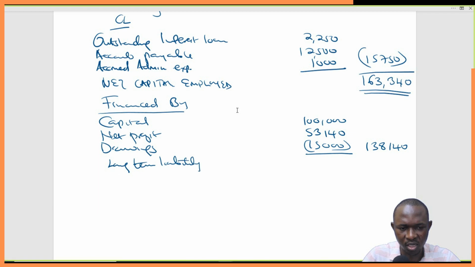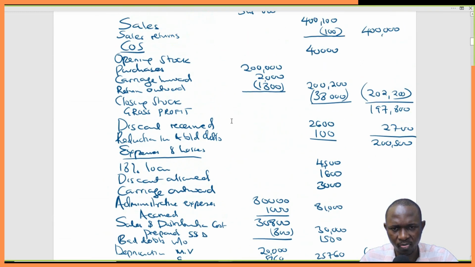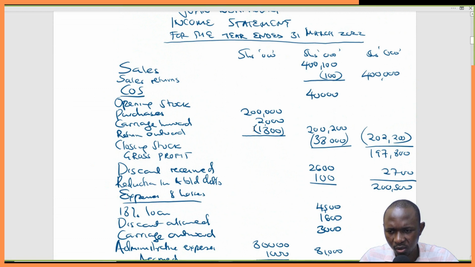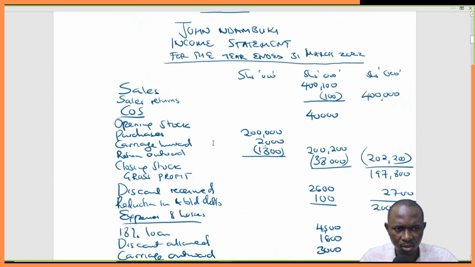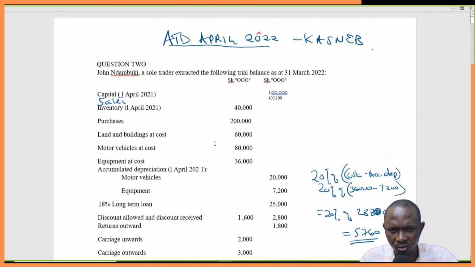And then now we go to long-term liabilities. Under long-term liability we have the 18% loan, which was 25,000. Let me just get the figure. The loan is how much?